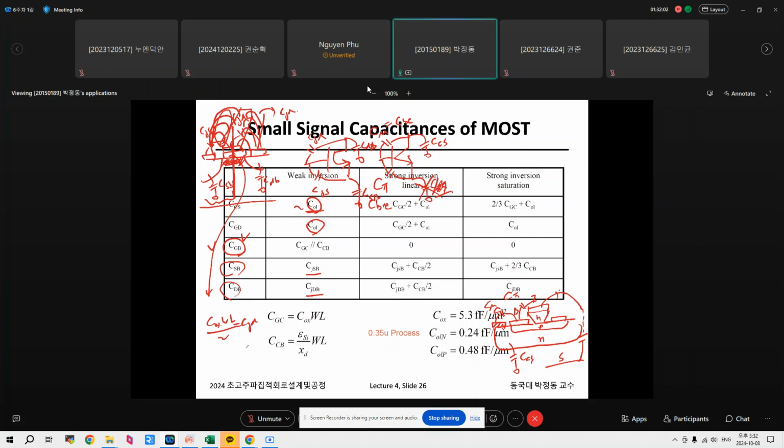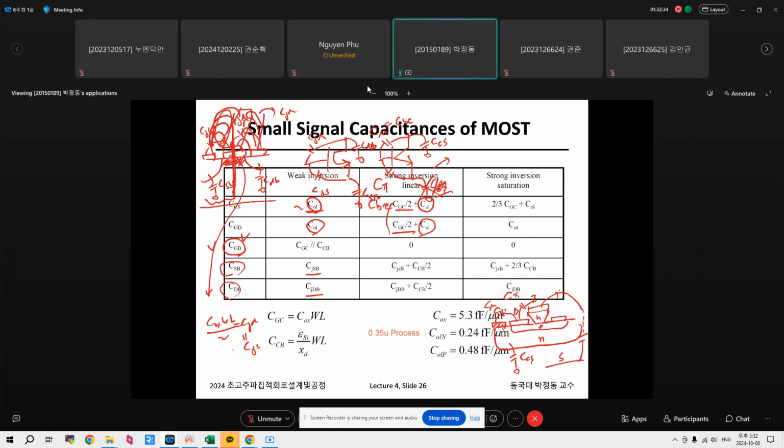Also, CGS is the same, plus the stray cap. This is a strong inversion case, but strong inversion doesn't necessarily mean it is in saturation. Strong inversion in linear means it is in triode, evenly distributed.